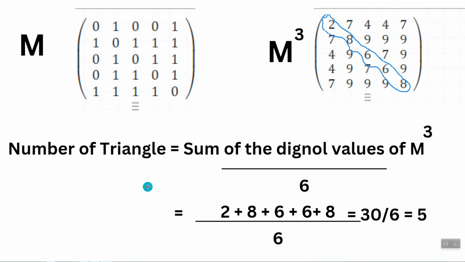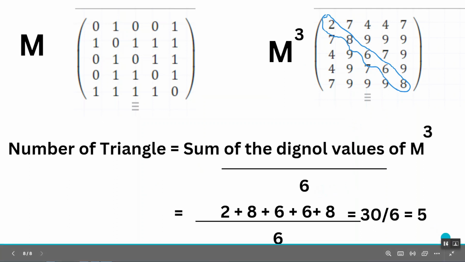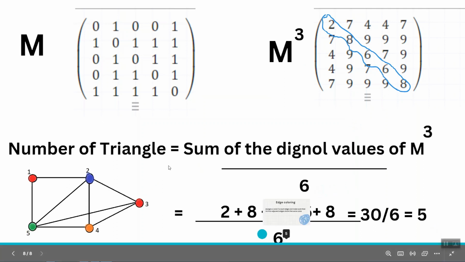In order to find the number of triangles, the equation is: we take the sum of all the values in the diagonal of M cube, and it needs to be divided by 6.